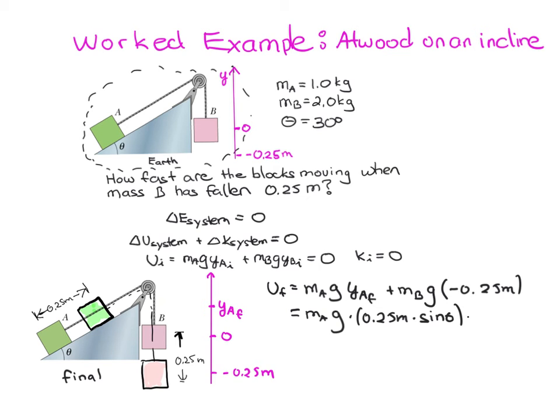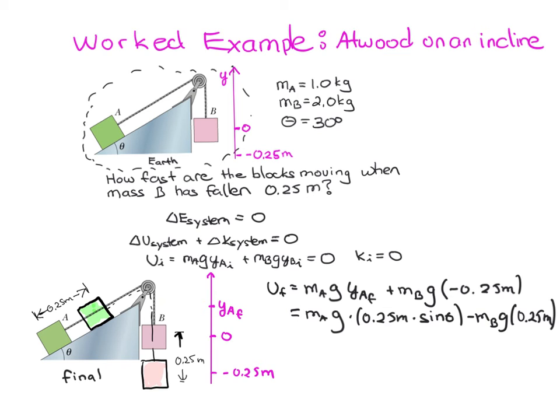And then we have a minus m_B g times 0.25 meters. And now you'll notice I've avoided plugging in our numerical values just because it's easier to not do that till the end. And now it's time. We know what mass A, mass B, and theta are, so we can plug in those numbers here.